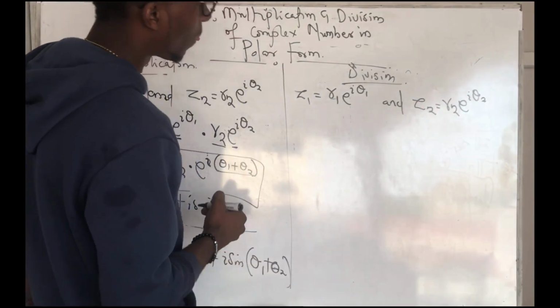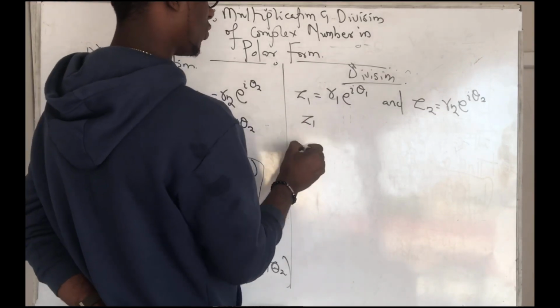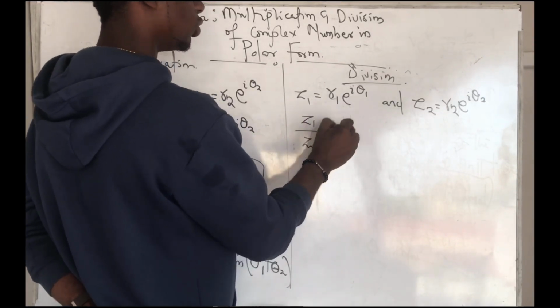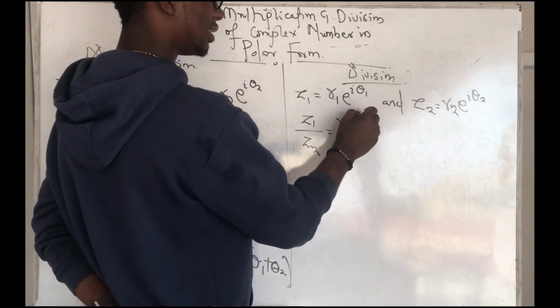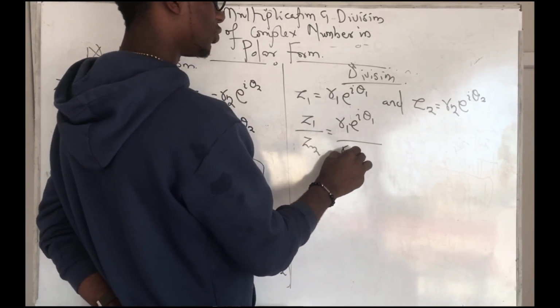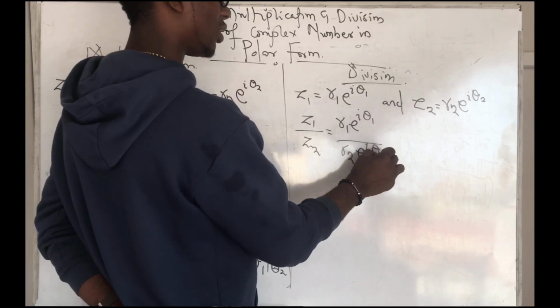We want to find z1 over z2. To find z1 over z2 is very simple. It's r1 e^(i theta 1) all divided by r2 e^(i theta 2).